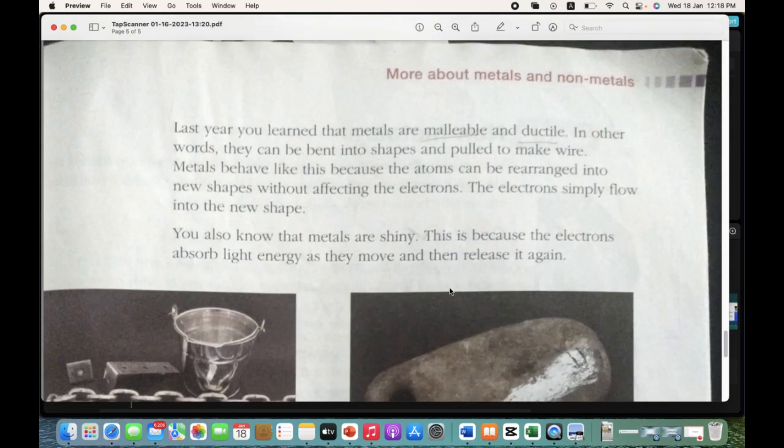Now you can see some of the properties of metal. Metals are malleable. When we say metals are malleable, what do we mean?